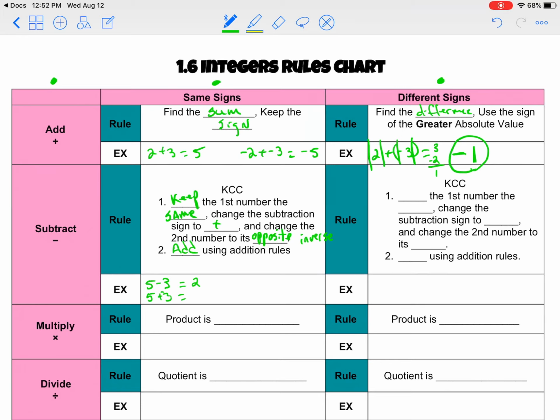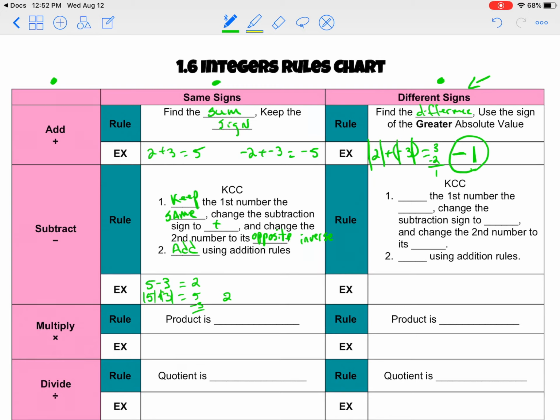I kept the 5, changed the operation, then changed the sign of the second number. Now, if I use my addition rules for different signs, the absolute values of the 5 and the negative 3, the 5's bigger, so I'm going to have a positive. And then 5 minus 3 is 2. So my answer turns out to be 2.